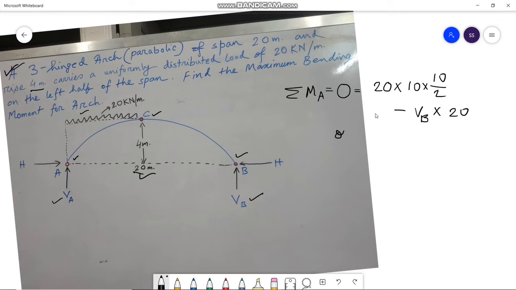Solving this equation, we get Vb as 50 kilonewton.